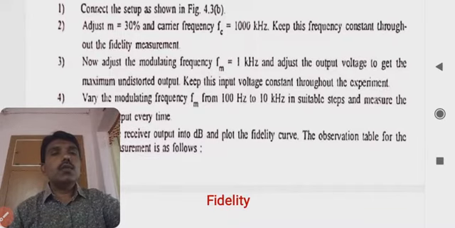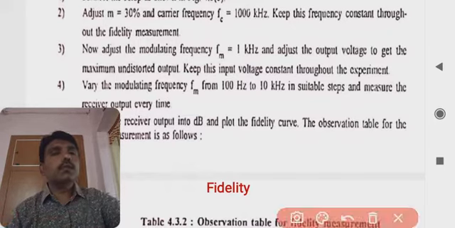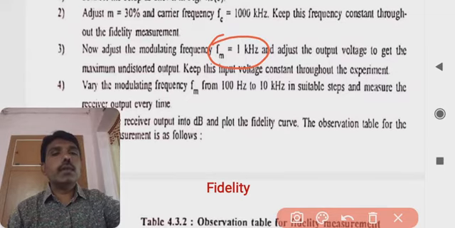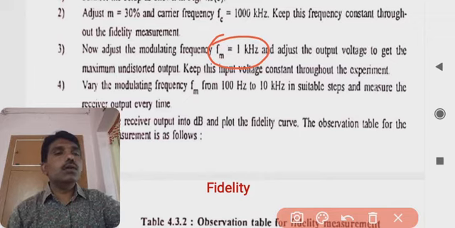Now adjust the modulating frequency to 1 kilohertz, and adjust the output voltage to get the maximum undistorted output, and keep this voltage constant throughout the experiment.